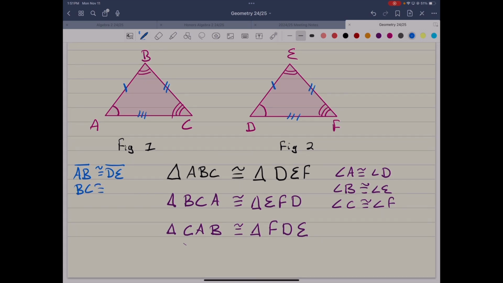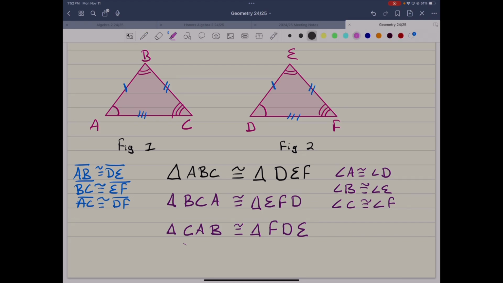Line segment BC is congruent to EF, and AC is congruent to DF. So I've got the three angles that are congruent to each other, and the three sides that are congruent to each other. Again, I know they're congruent because of the arcs in the angles and the tick marks in the sides.